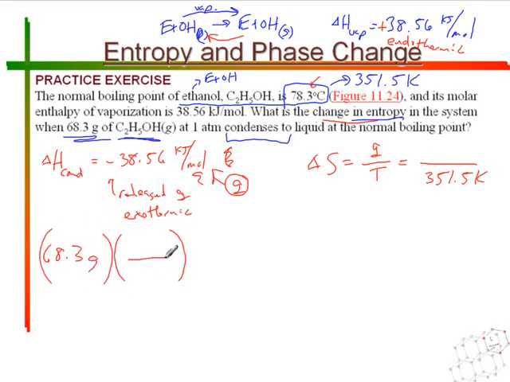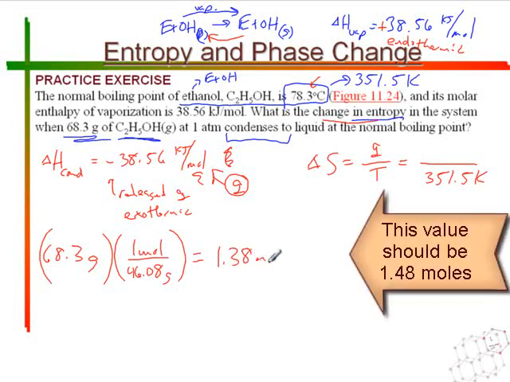Let's see how many moles we actually have. The molar mass for ethanol. And honestly, you should be able to do this without too much fuss. This should look very familiar to you at this point. If you divide by the molar mass, then it tells us that we have 1.38 moles of ethanol in our sample. And so we need to know the entropy change for that amount of the 1.38 moles of ethanol, but we don't even know the heat change yet.